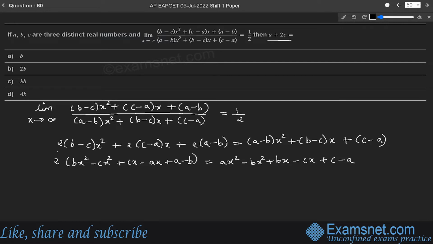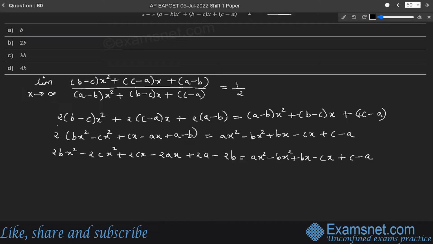On multiplying it with 2, this will be 2bx square minus 2cx square plus 2cx minus 2ax plus 2a minus 2b is equal to ax square minus bx square plus bx minus cx plus c minus a.